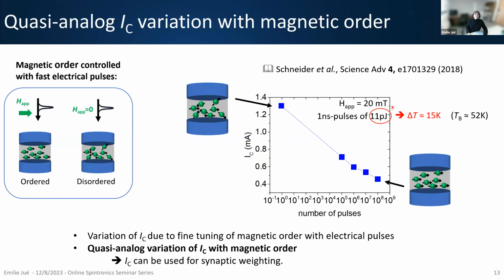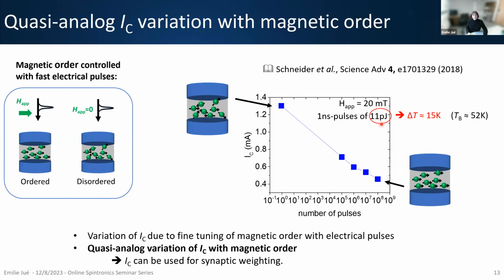So before I move further, I'd like to point out that we don't understand all the physics behind this device. And for example, we don't understand why we are able to reorient the clusters with electrical pulses. One hypothesis that was made is that we are heating the device when we apply the pulses through it.